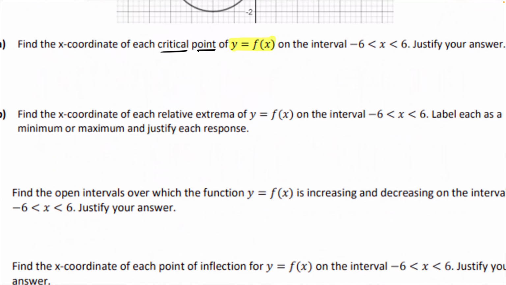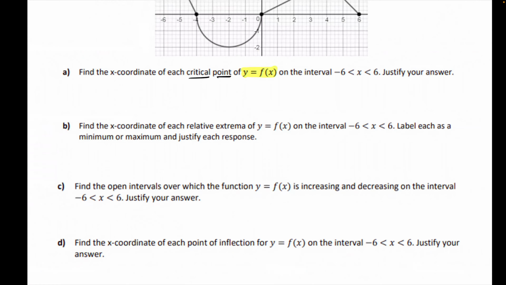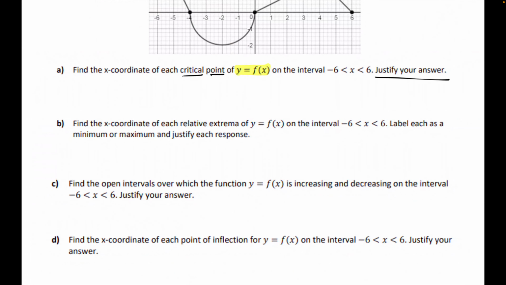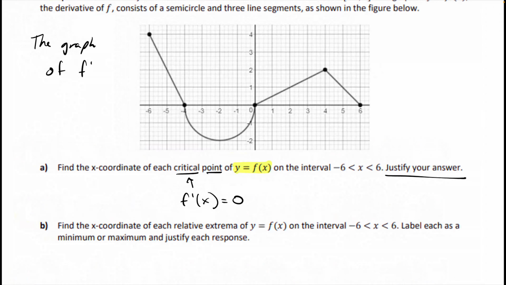And then what do we do to the first derivative? We set it equal to 0, right? That's going to be our justification. Okay? So critical points occur when you find the derivative and set it equal to 0. We're going to have to use our graph to find those points.